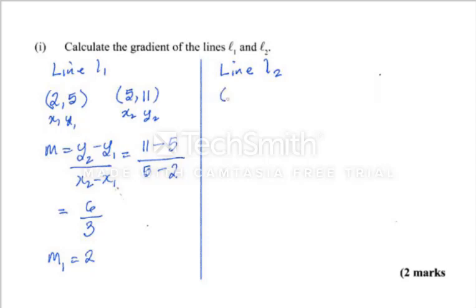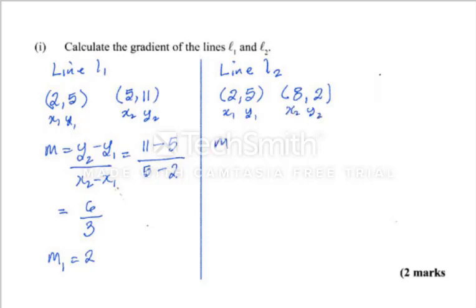Well, the point (2, 5) is common to both lines. So this is x1, y1, a point of intersection of L1 and L2. And I believe another point on line L2 is the point (8, 2). This is x2, y2.